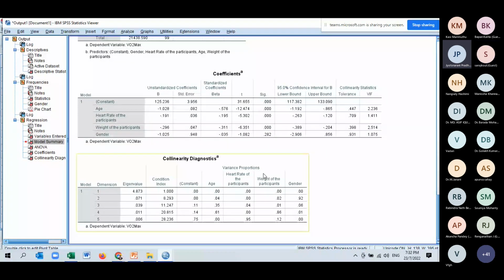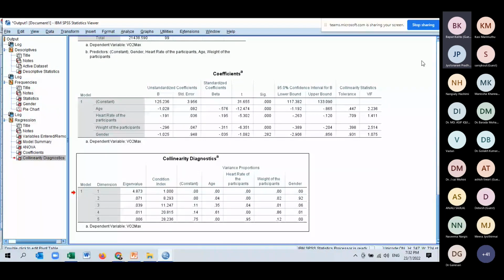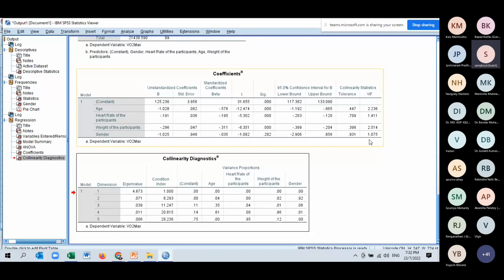So, collinearity diagnostics. Yeah, this one. The variance inflation factor, the last column, should be less than 5.